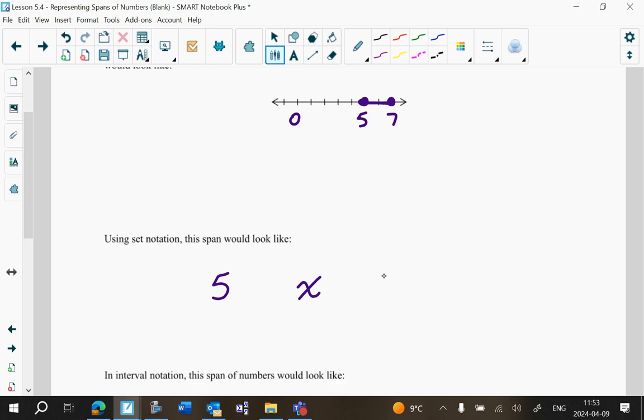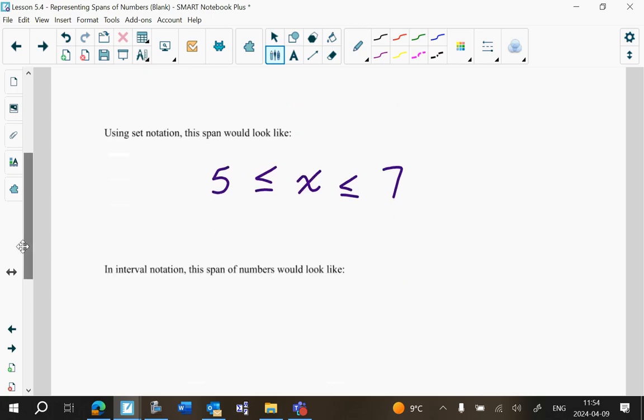This time they're both going to be less than or equal to. And then bracket 5, comma 7, bracket this time because we're including the 7. Okay, so you can see a slight difference in the last 3 examples.